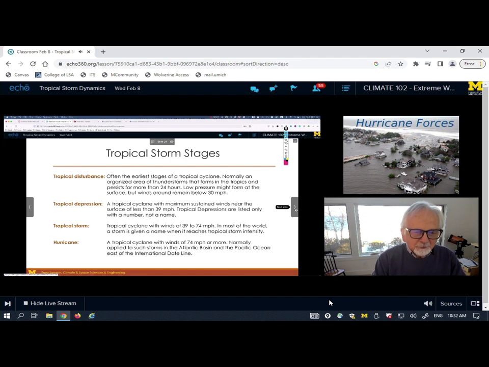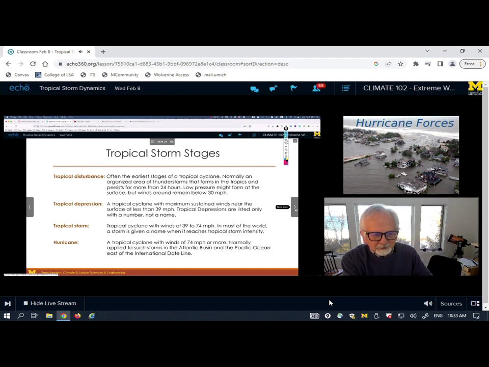And they persist for a period of time. Low pressure might form at the surface, but the winds remain slight. It's just the clouds are beginning to organize. There's no rotation in the cloud field. It's just a lot of thunderstorms together. It's that convergence zone in the easterly wave. This is a spot where the National Hurricane Center would start watching that zone to see if it's going to do anything. Is it going to grow up?